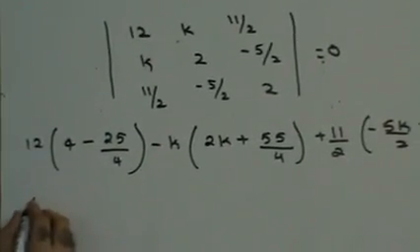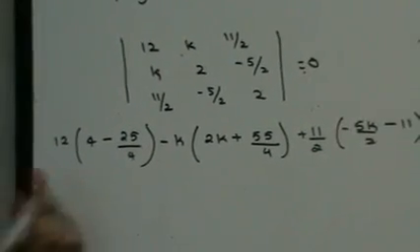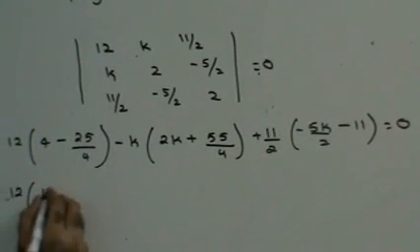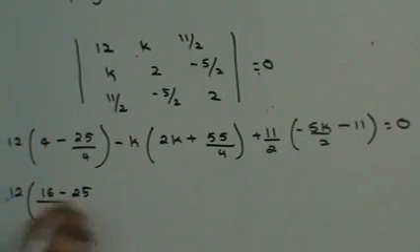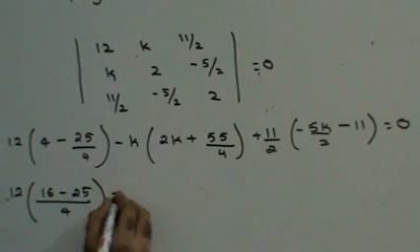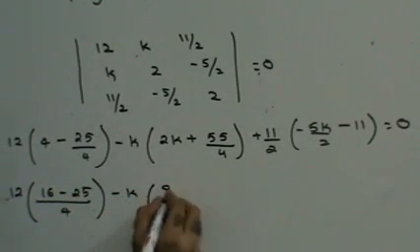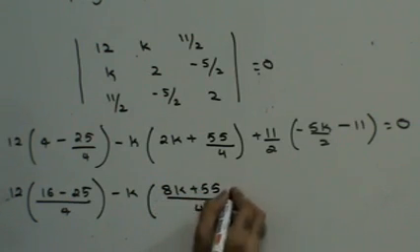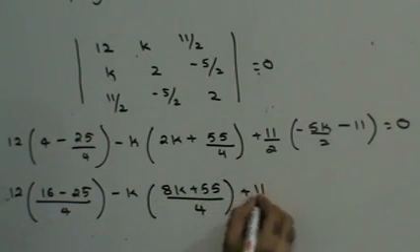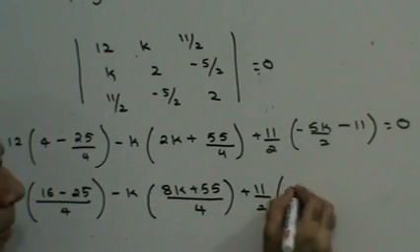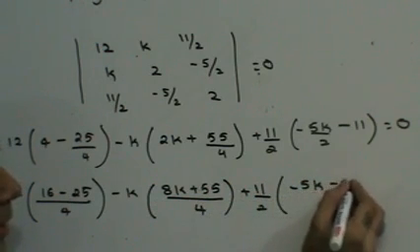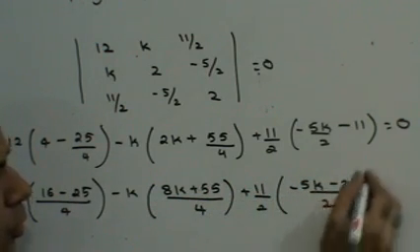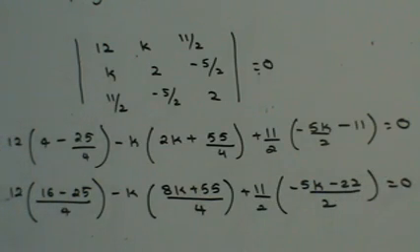So this is going to be for 12. Let's solve the bracket first. 16 minus 25 upon 4 minus K. 8K plus 55 upon 4 plus 11 by 2 minus 5K minus 22 upon 2 is 0.